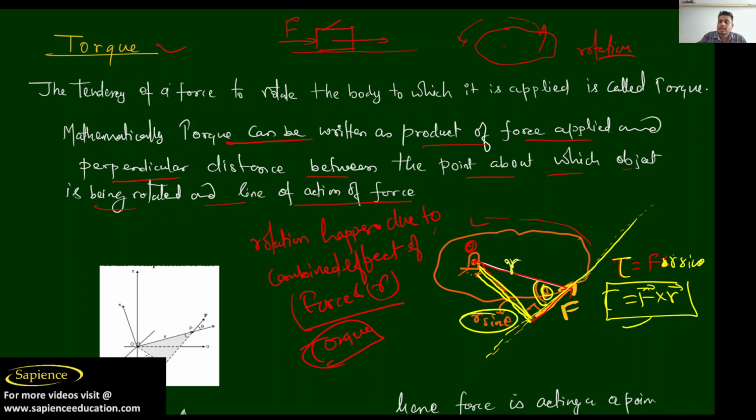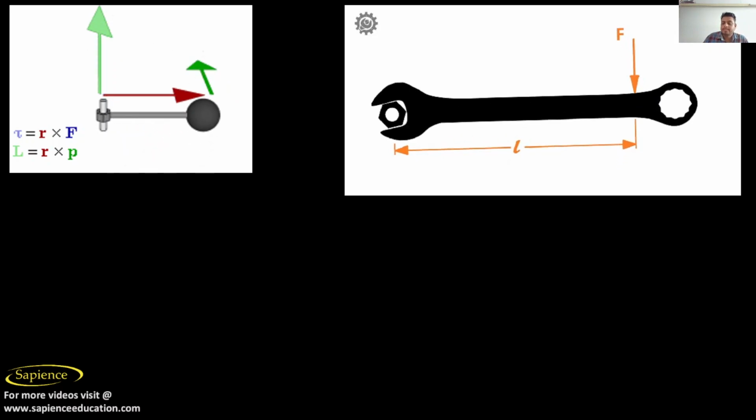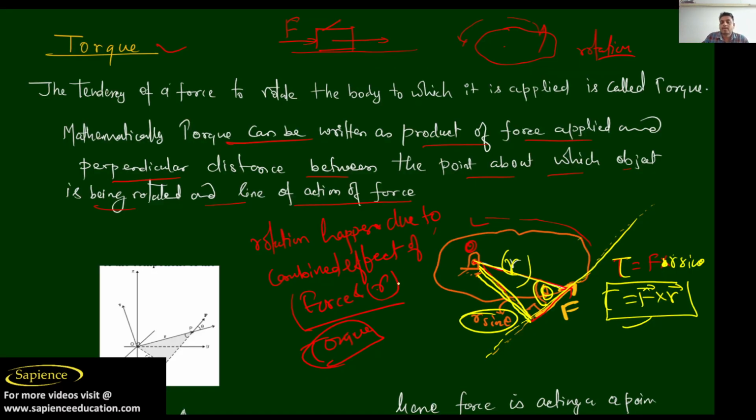Understood? See here, we cannot write directly this point as r, just multiplying it by r. For example, if you multiply it by r, it is a longer distance. But torque only tells you that it is the product of a force and the perpendicular distance between the point about which the object is being rotated and the line of action of force.